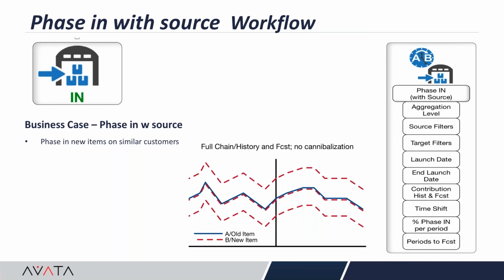This can be modeled customer specific as well. If you're introducing a new customer or a ship-to or a site or even at an account level, you could say that a new customer or customer site would be similar to an existing customer or a source customer location for the whole product portfolio too.